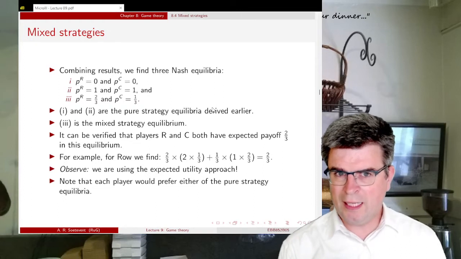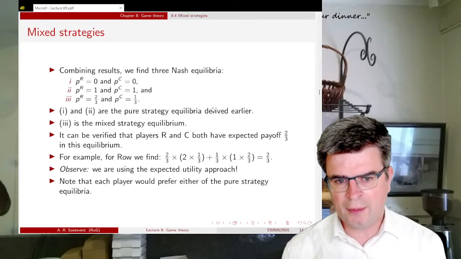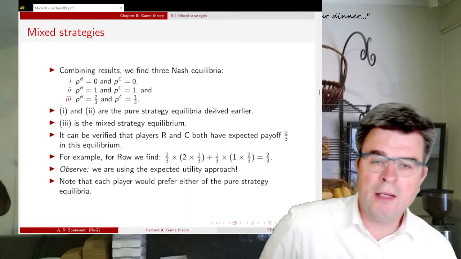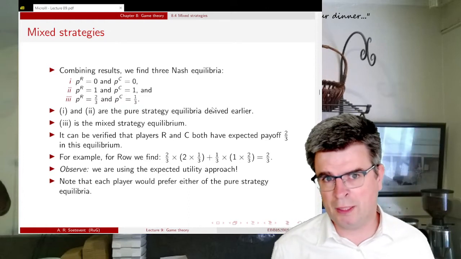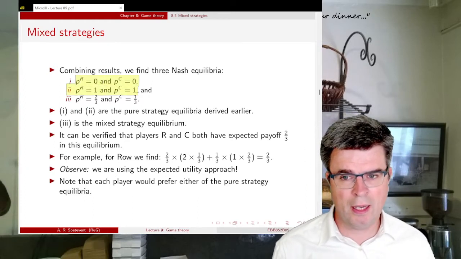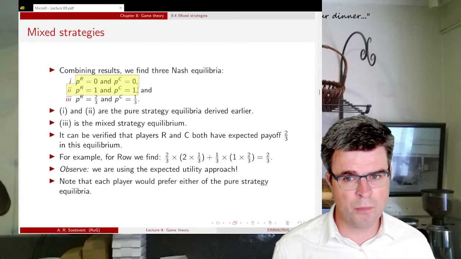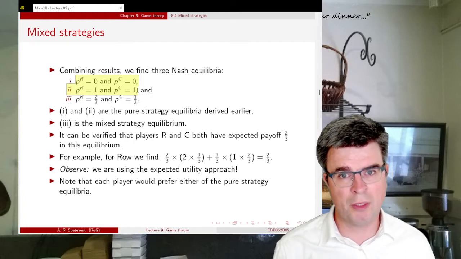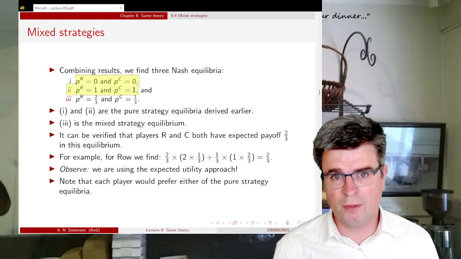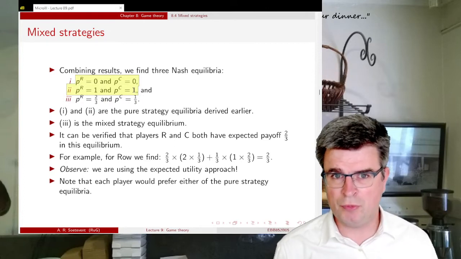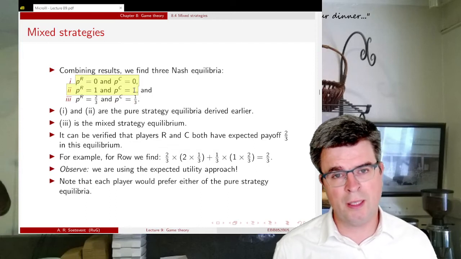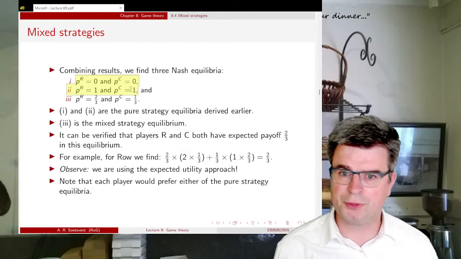And note that each of the players would prefer either of the pure strategy equilibria. So it's not that the mixed strategy equilibrium gives you a higher payoff as a player than playing the pure strategy equilibrium, because playing any of these two pure strategy equilibria would give one of the players a payoff of 1, the player that ends up not in the country of choice but with the partner of choice, and it would give a payoff of 2 to the person who ends up in the country of choice with the partner of choice.